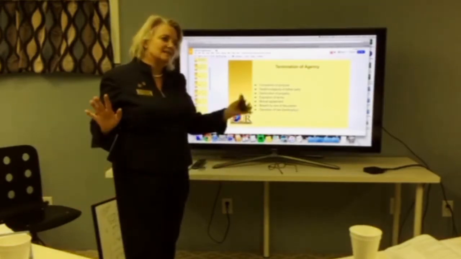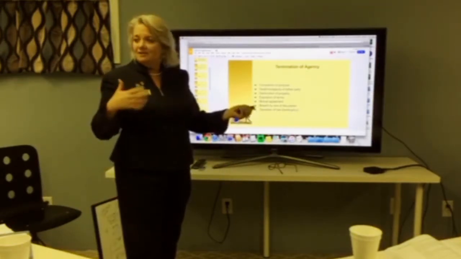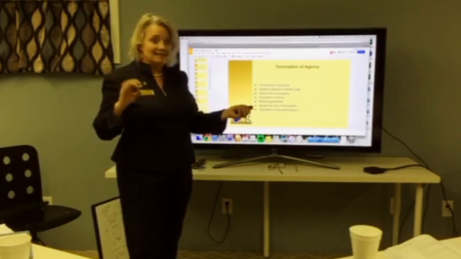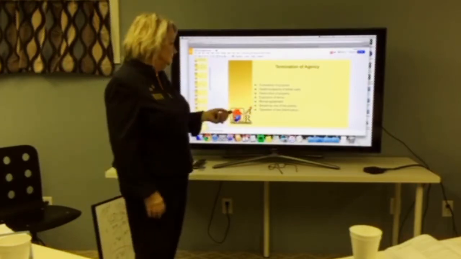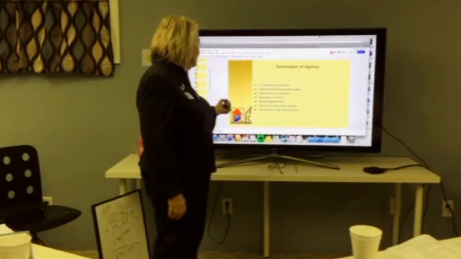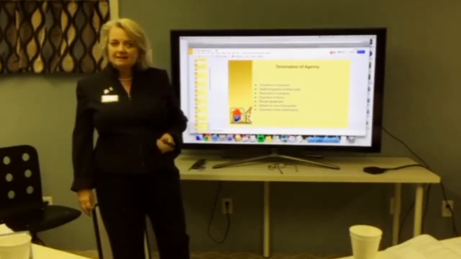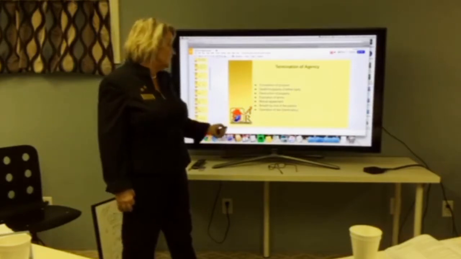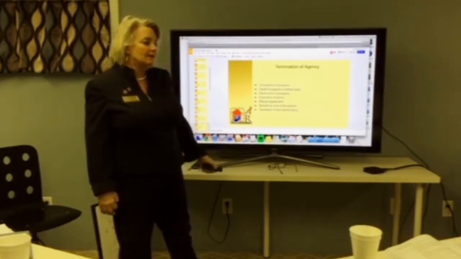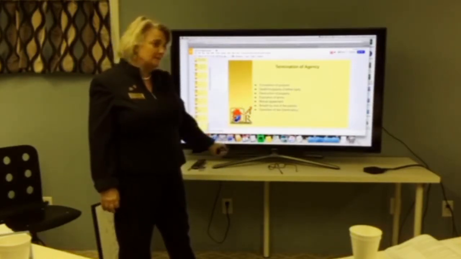And I said, then let's cancel it. If I can't show it, if I can't sell it, then let me take my name off it. Breach of one of the parties. Okay? So if one of the parties breached their agreement, then you could cease that agency. And then operation of law, bankruptcy. Okay? So those are ways to terminate.